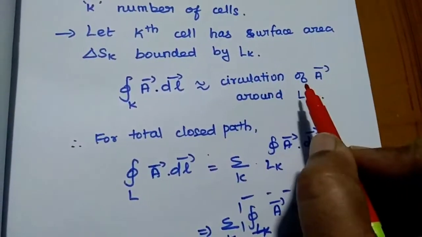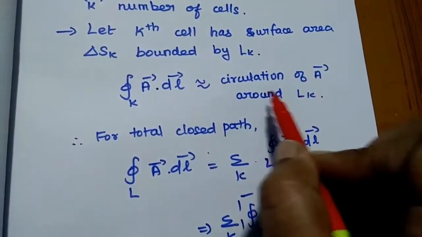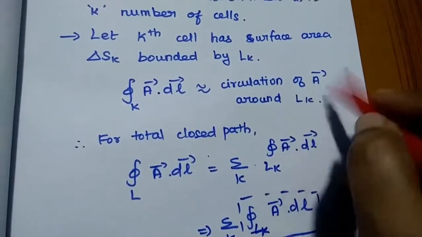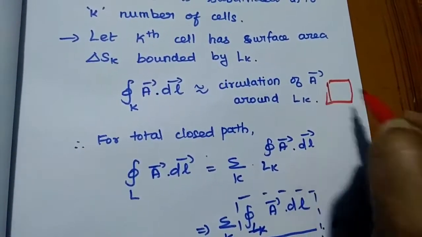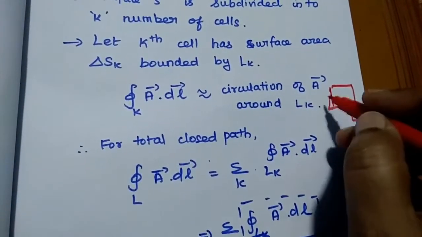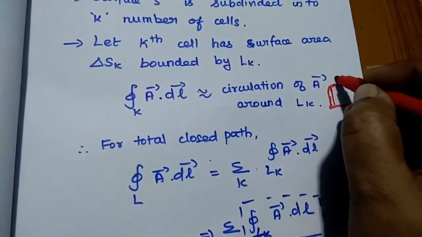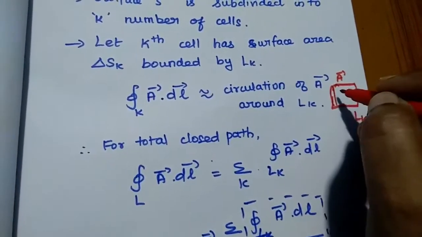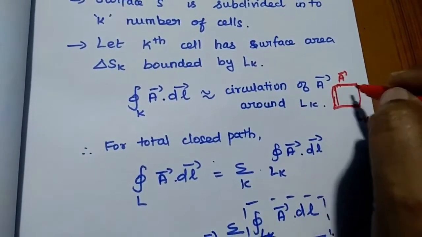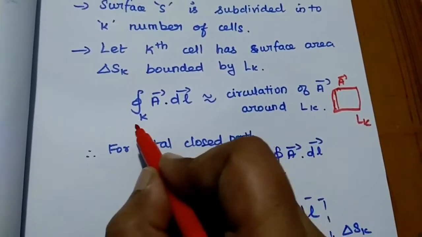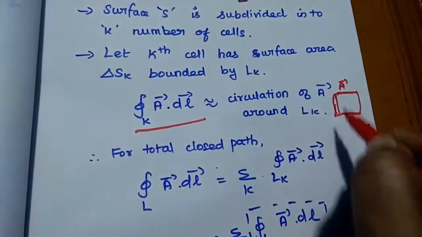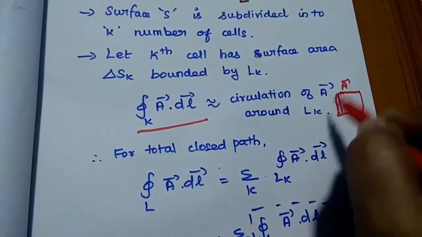The circulation of a vector A around Lk, the overall length of that particular cell, where my field is the vector A, is nothing but the line integral, since it is continuously rotating over that line.